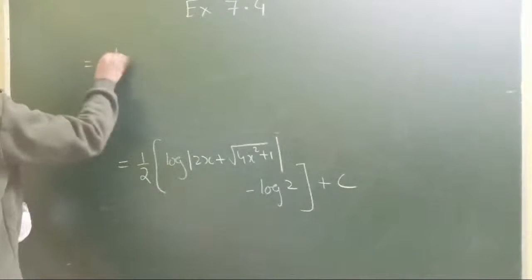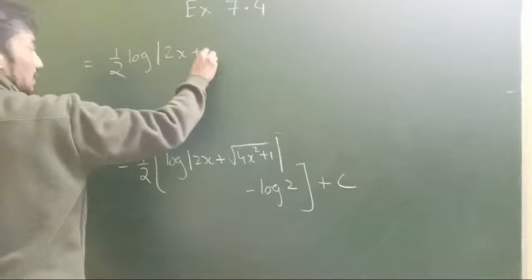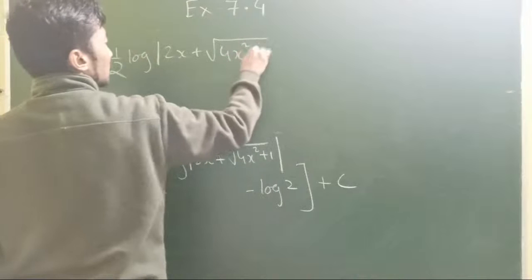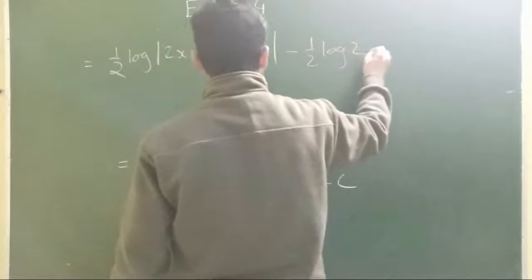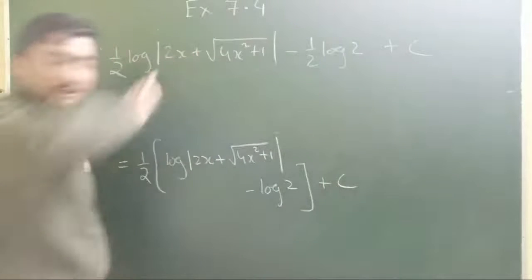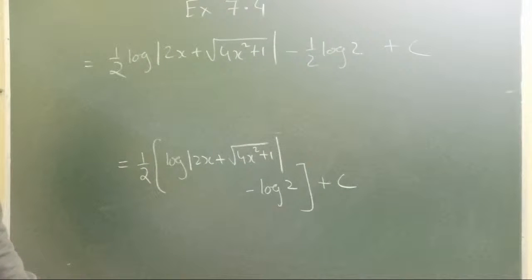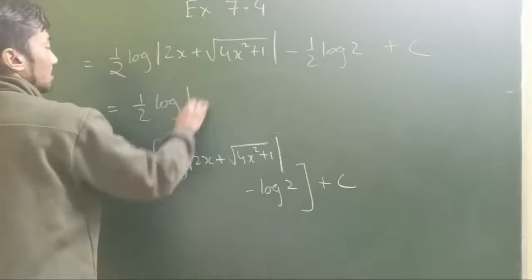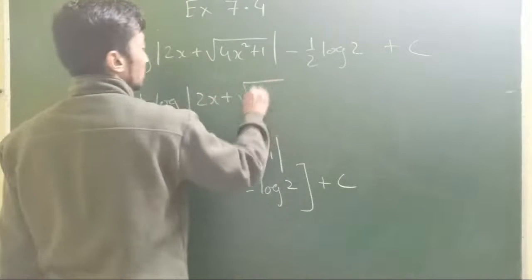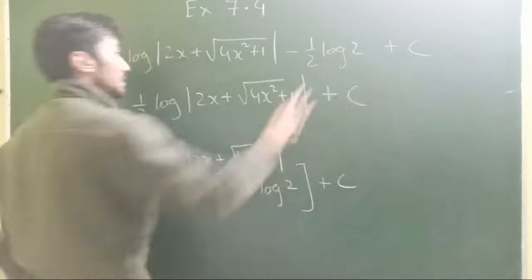Then if we multiply, it becomes 1 by 2 log of 2x plus root over of 4x squared plus 1, minus 1 by 2 log 2, plus c. I'll just write here plus c.